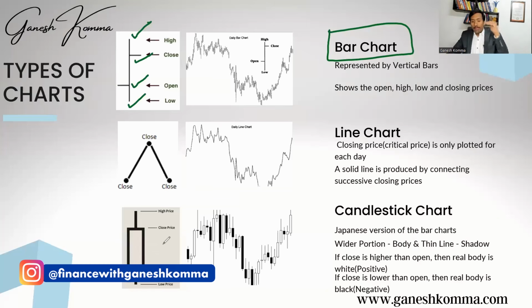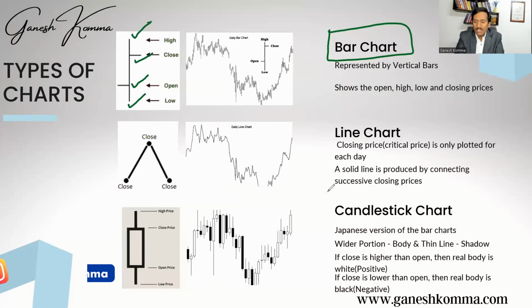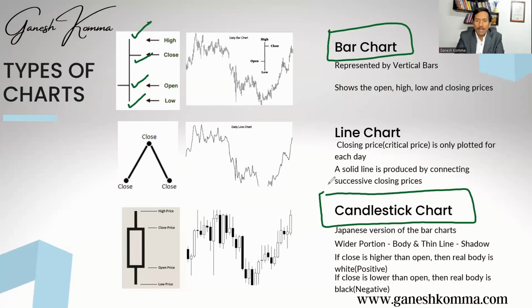Now, if we observe all the charts, the most widely used chart is the Japanese version of the bar chart, which is candlestick. We mostly use this chart. The reason being, we can interpret more from a particular candle. So the setup is the same as the bar chart: you have your opening price, your closing price, your day high, and your day low.